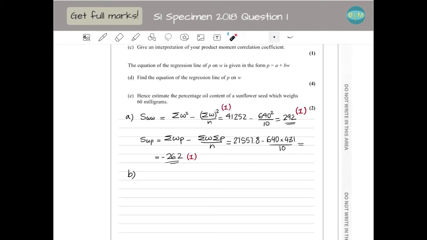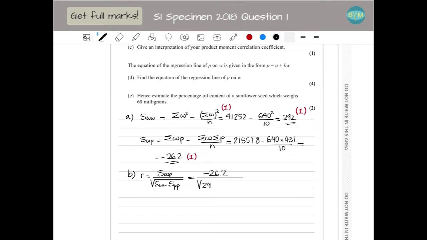So our product moment correlation coefficient is going to be Swp divided by the root of Sww Spp. We have found 2 of them, and the other one is given. Swp is minus 26.2. We found it, and hopefully correct, because if not, this one will be wrong.